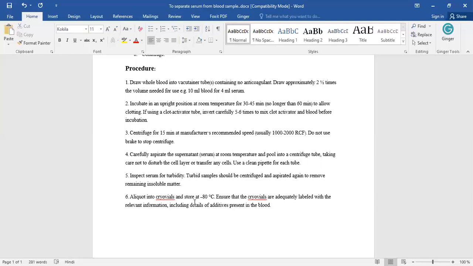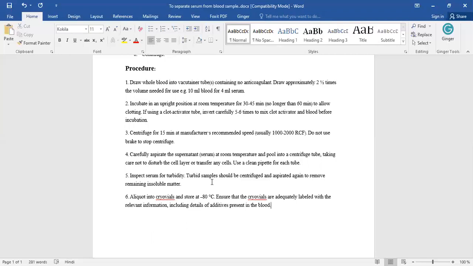But if we need to isolate plasma, what will we do? For isolation of plasma from the blood, we will not incubate for 30 to 45 minutes. We take the blood and add some anticoagulant so that the blood will not coagulate, and immediately centrifuge it.